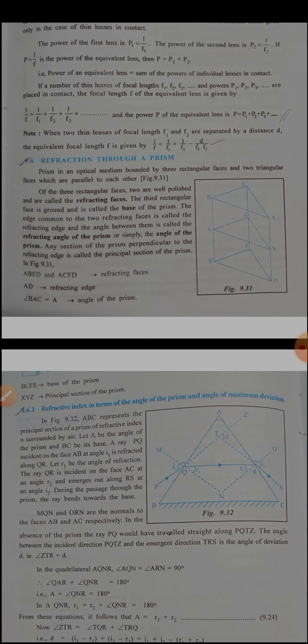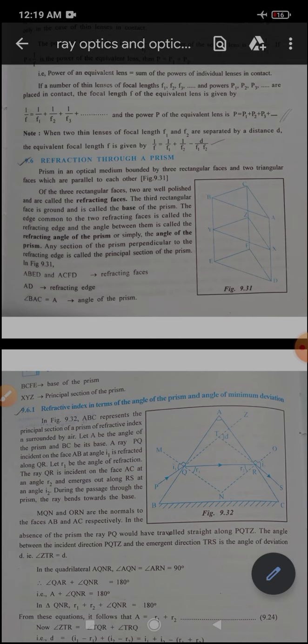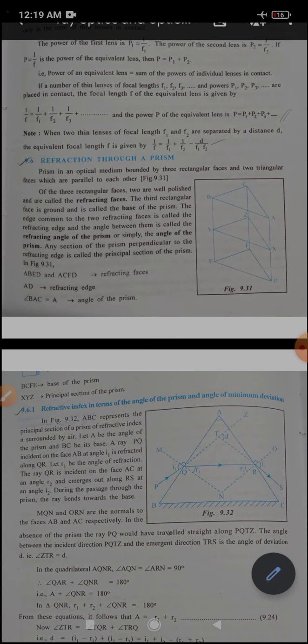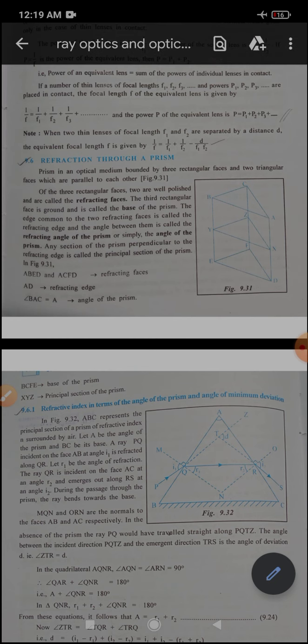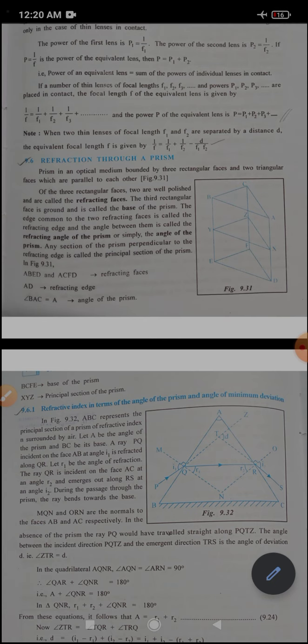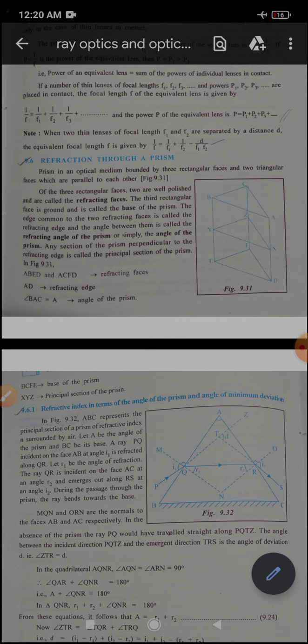Here it consists of C, A, B, E, D, and on that side also C, F, D, A and C, B, E, F. These are the rectangular surfaces, 3 in number, and it consists of 2 triangular faces which are A, C, B and D, E, F.